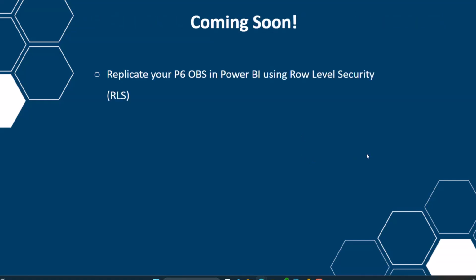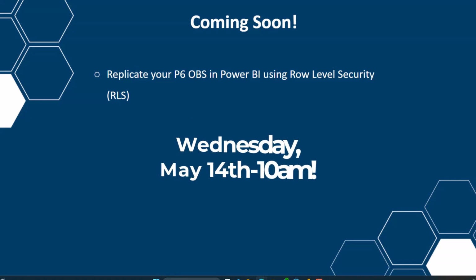So that all said, there is a bunch more that you can do with Power BI. So just a little pitch for our upcoming webinar, which we'll have to double check with Patrick, but I believe it's a month from now. It's going to be about replicating your P6 OBS in Power BI using role level security. So the basic concept is that you can take your OBS and have, say, a project manager that has access only to projects A and B, and you can recreate that system within Power BI.